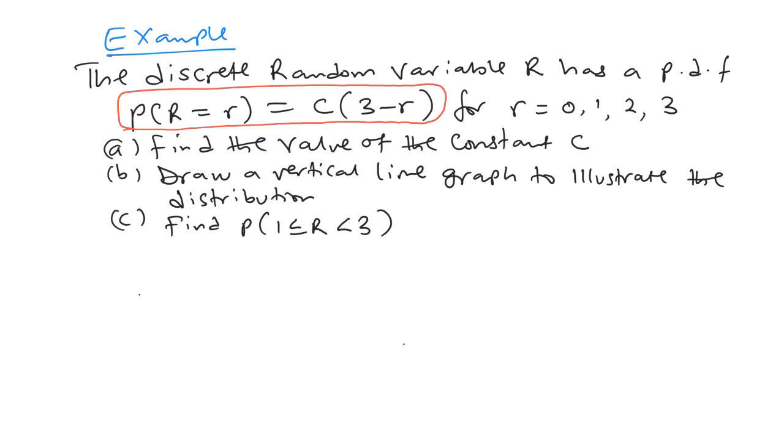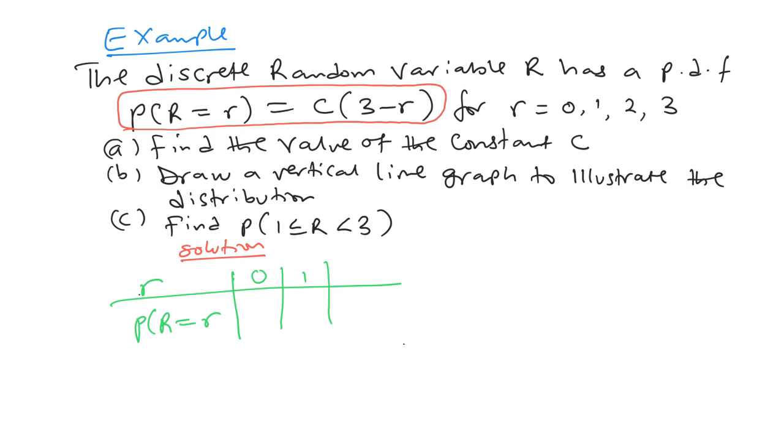Let's just summarize this into a small table. So, solution: I have r and the probability of capital R equal to r. What values will I consider? 0, 1, 2, and then 3.